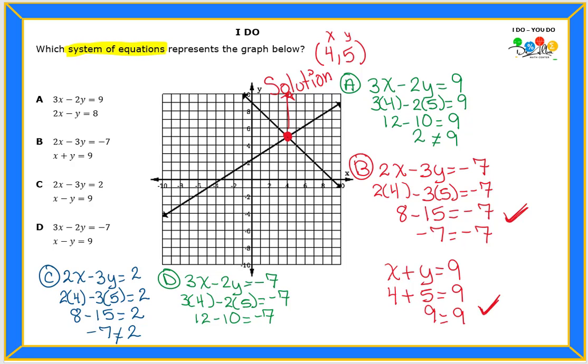What's 12 minus 10? 2. Do I have a 2 on the other side, on the right side? No, right? So does that work? No. So all of these didn't work, right? There's only one that actually works. So my answer for this should be letter B, okay?